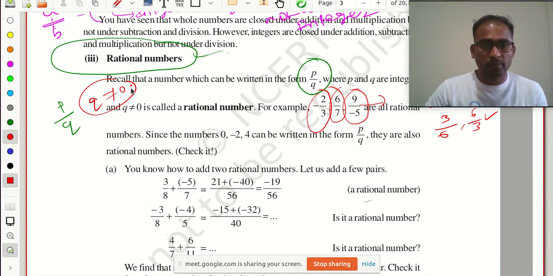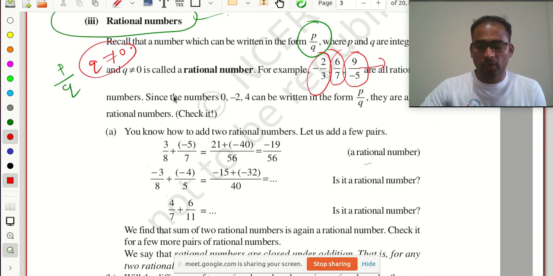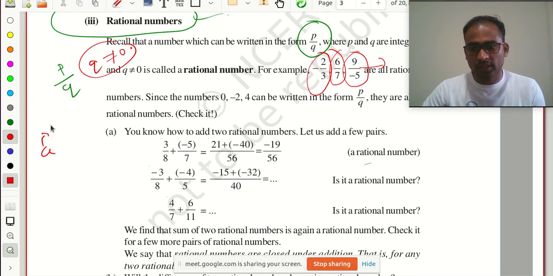So in rational numbers we will check the closure property in addition first. Suppose I am having a rational number. A is one rational number, so A means this is in some P by Q form only.